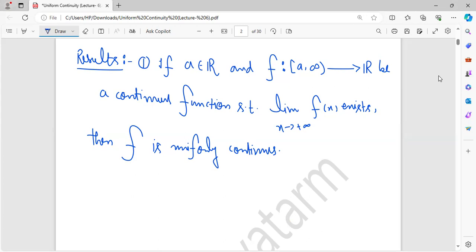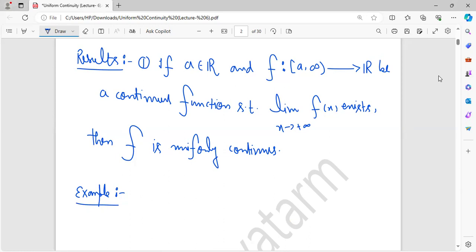We can have a uniformly continuous function on a domain like this where the limit at infinity does not exist. We have seen this theorem in previous lectures and some examples on it. If the function is continuous on this domain and the limit at infinity exists, then the function is uniformly continuous. But I can have a function which is uniformly continuous and the limit at infinity does not exist. For example, you can see this example.